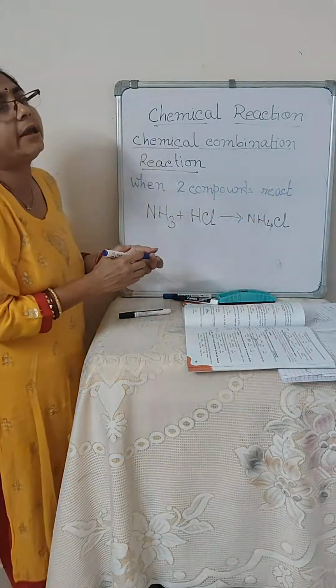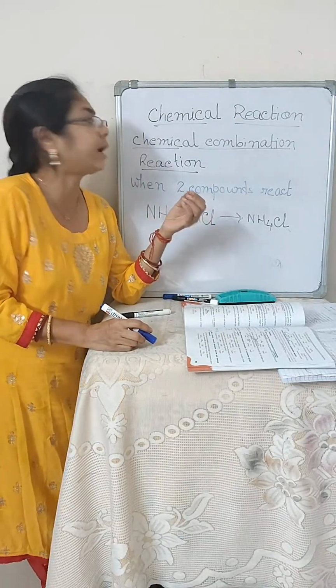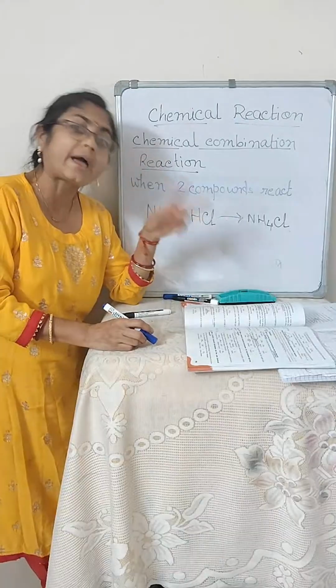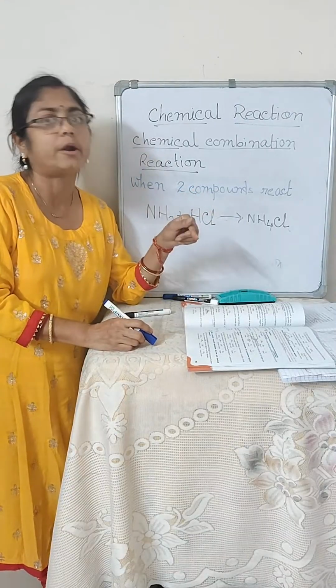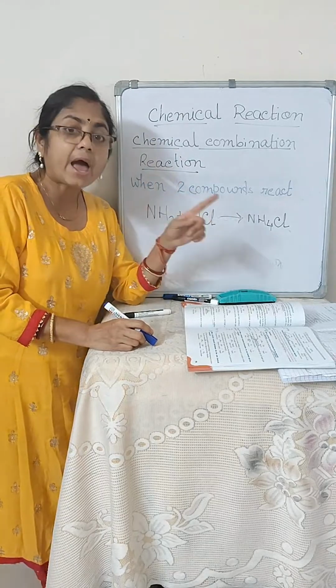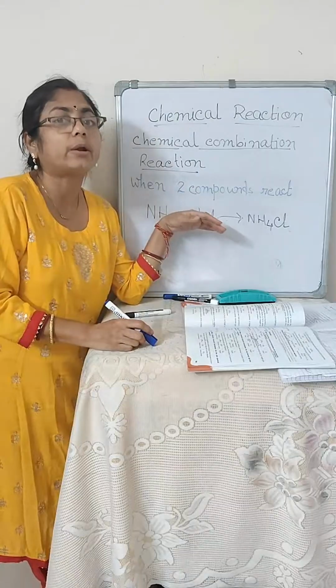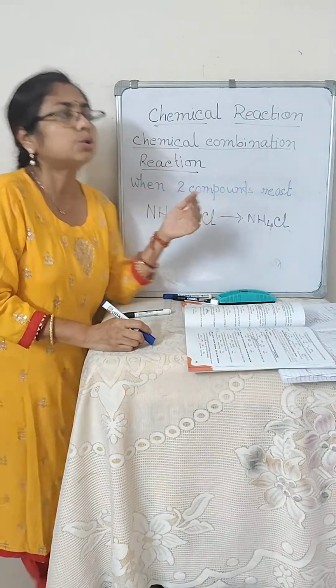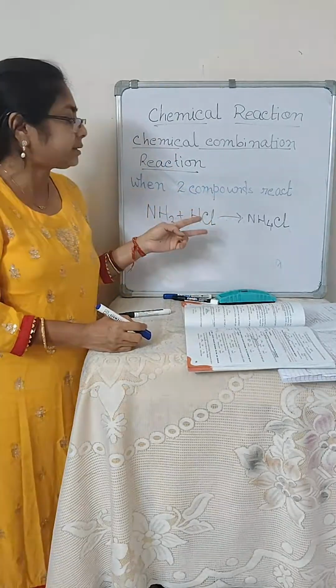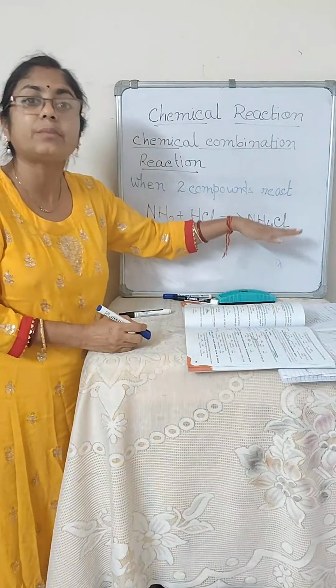When anybody asks, write a chemical equation for chemical reactions where two gases participate and one solid is prepared, this is the main equation. HCl, hydrochloric acid, is in gas form. So two gases participate and one solid is prepared, ammonium chloride.